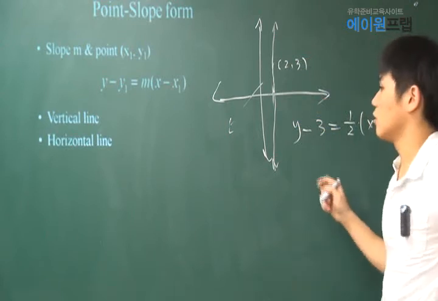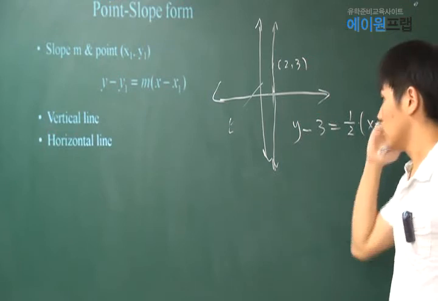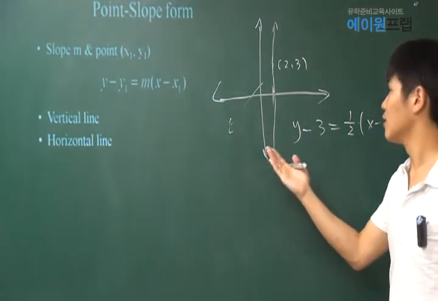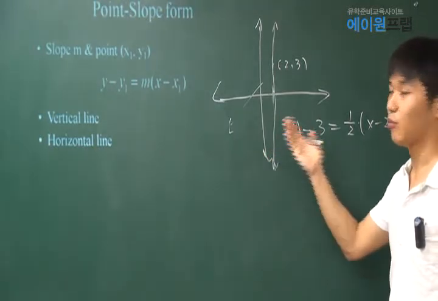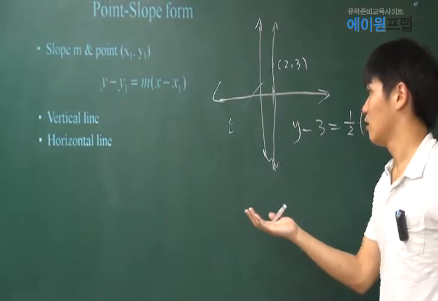So in this case, now what do we say about the slope of a vertical line? It's undefined. So in this case, we can actually not represent this in point slope form. Why? Simply because the slope is undefined.